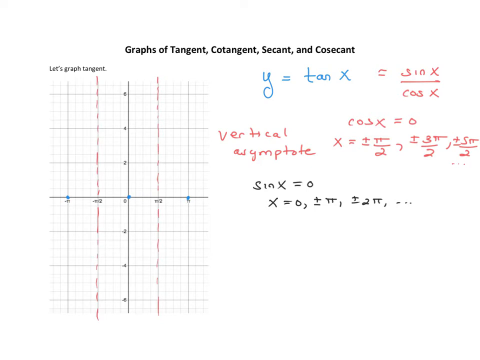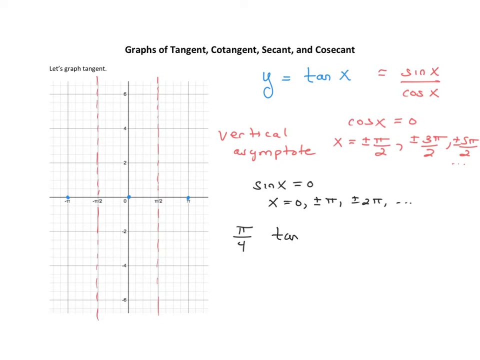Maybe just to get two more values on this function so we have an idea of what this graph might look like, I think another important angle to consider will be pi over 4, which is right here. That is x is equal to pi over 4. What does tangent equal at this value?